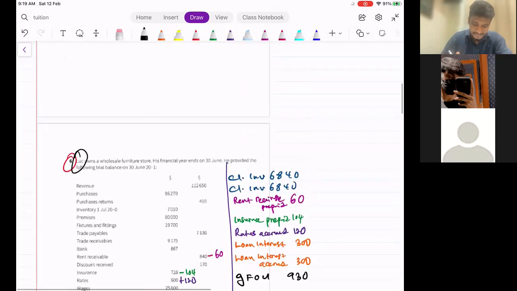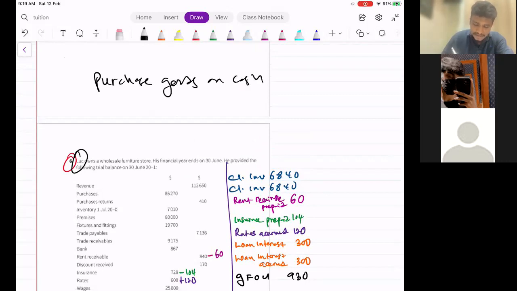You don't know. Purchase goods on cash. What are the two accounts involved here? One is cash, another one? Not sure. Purchases account.